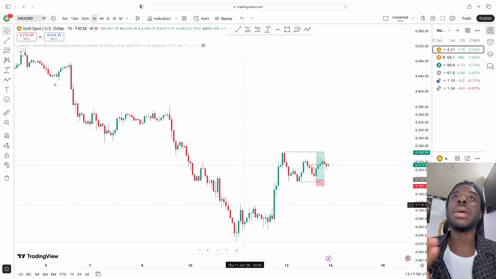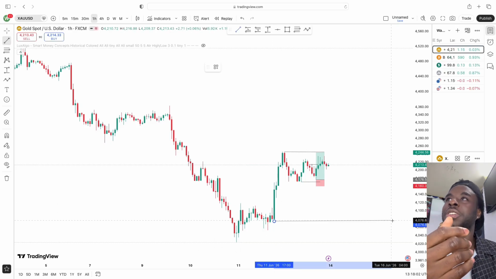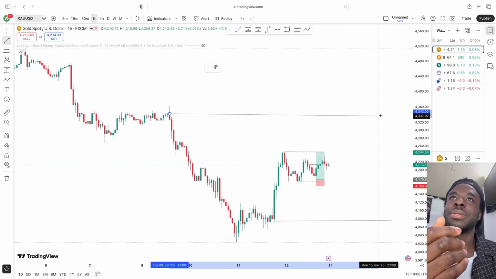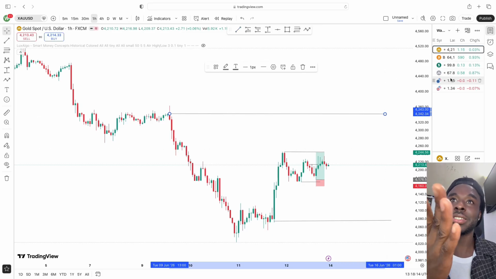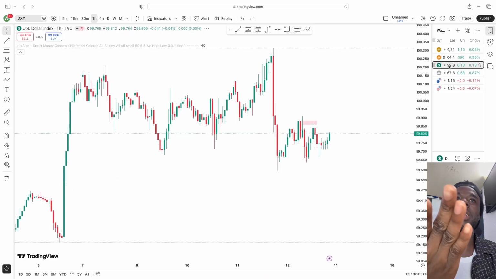Euro USD has some kind of structure like this, the downside here, and also has something like this, right? Let's go to Euro USD so that you can see. Euro USD has the same thing like gold.